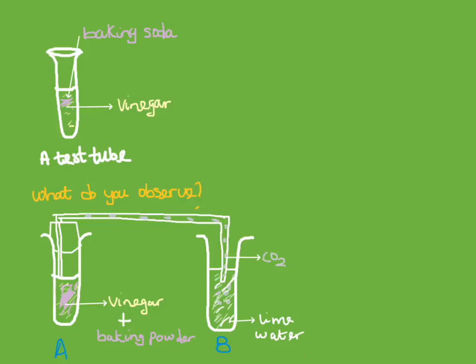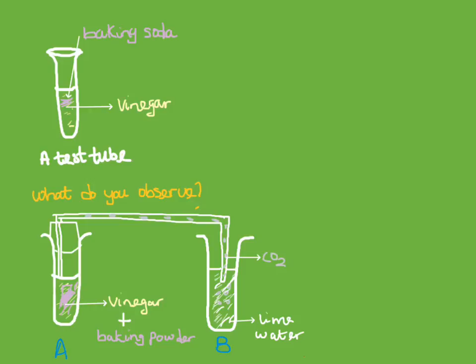So, in test tube A, when the baking powder is being added to the vinegar, it reacts with the vinegar and a gas is being released. This gas produces bubbles and a hissing sound. The gas passes through the column and gets into the lime water.